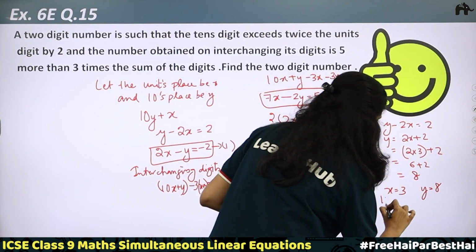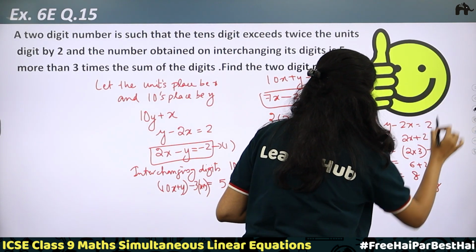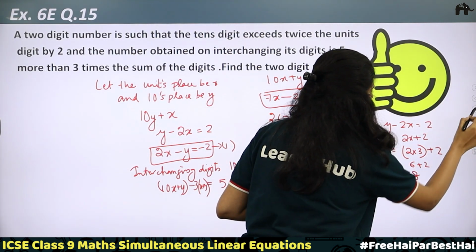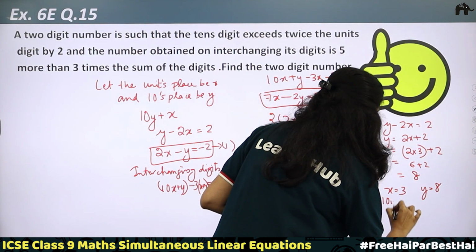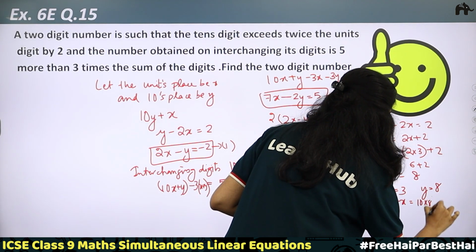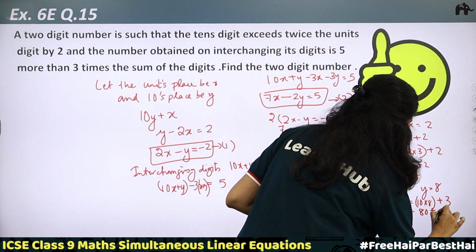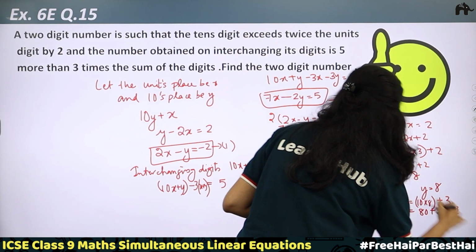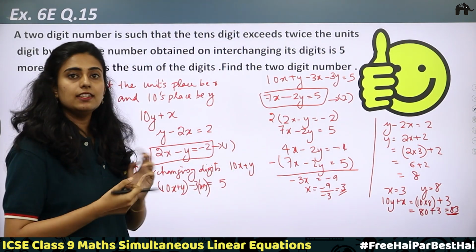The number is 10y plus x. That is equal to 10 into 8 plus 3, which is 80 plus 3 equal to 83. So, the number is 83. Okay, on interchanging, you will be getting 38.